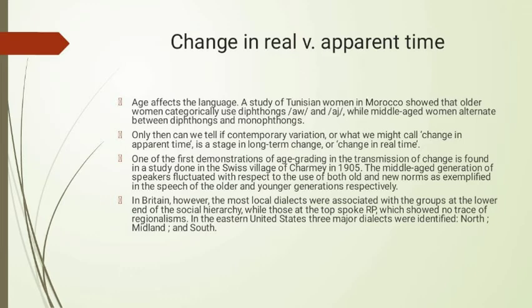In Britain, however, the most local dialects were associated with the groups at the lower end of the social hierarchy, while those at the top spoke RP, which showed no trace of regionalism.